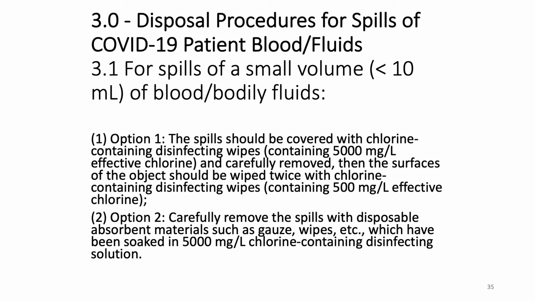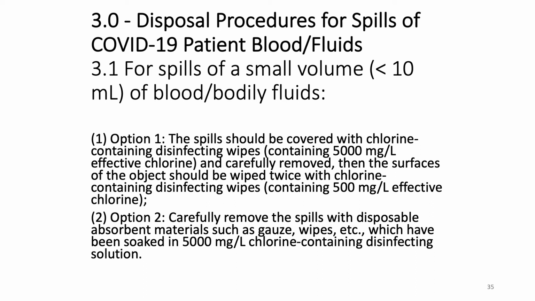Now we come to 3.0, disposal procedures for spills of COVID-19 patient blood-borne fluids, starting with 3.1 for spills of a small volume, i.e. less than 10 millilitres of blood-borne bodily fluids. 1. Option 1. The spill should be covered with chlorine-containing disinfecting wipes containing 5,000 milligrams per litre effective chlorine and carefully removed.